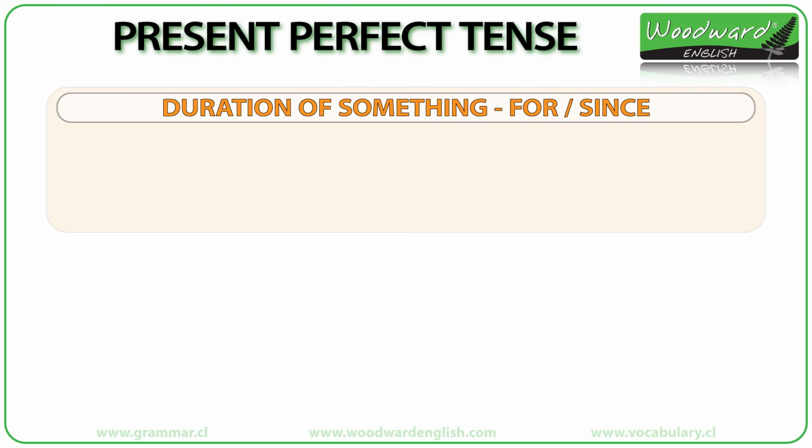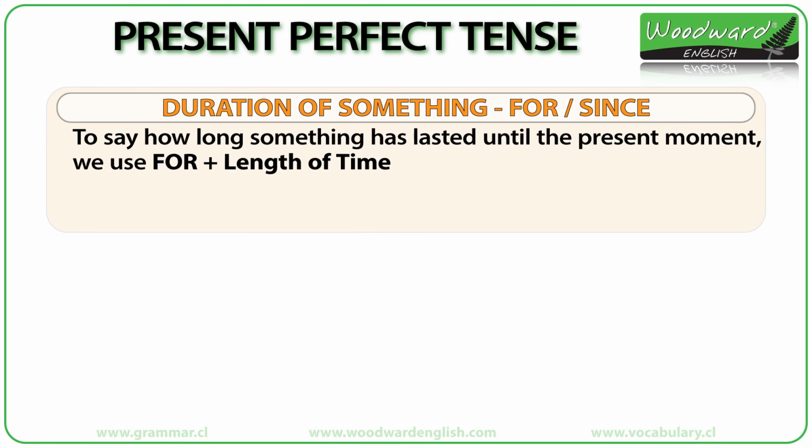The duration of something, for and since. The present perfect tense can be used to say how long something has lasted, the duration of something, until the present moment. In this situation, we use for plus the length of time.